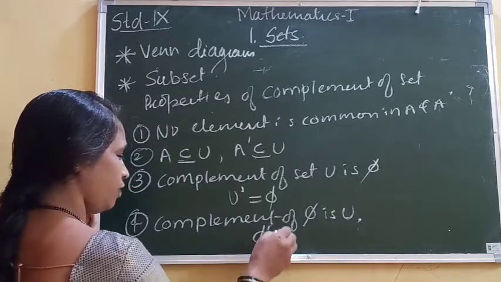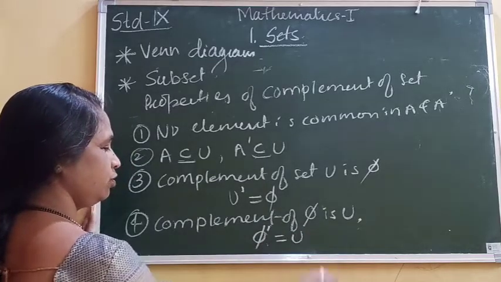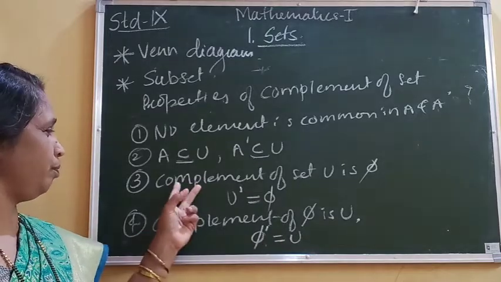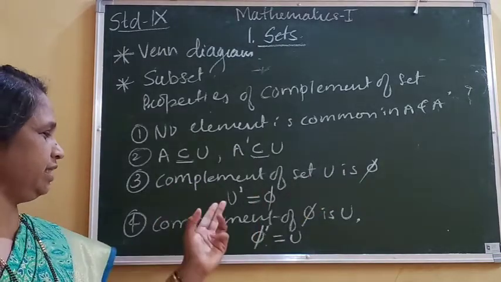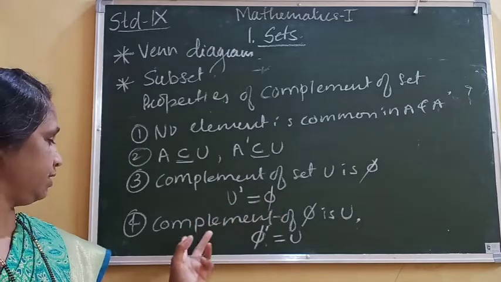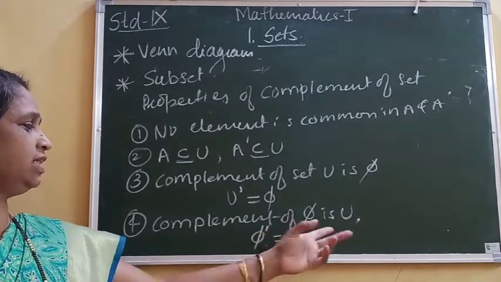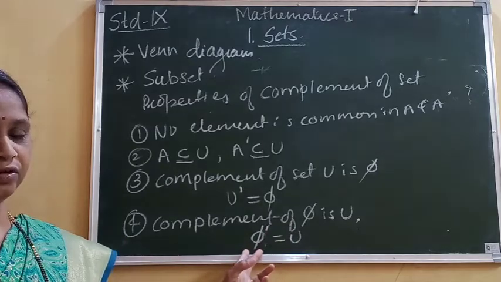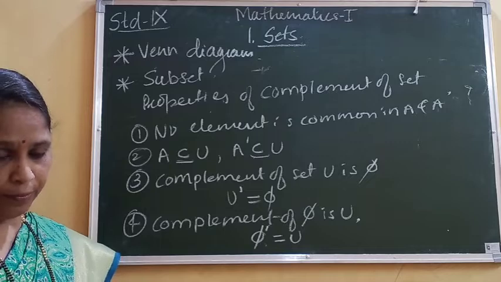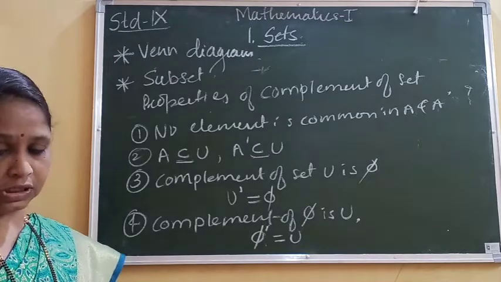The complement of phi, phi dash, is equal to U. It will be represented symbolically. So the complement of U means U dash is equal to the empty set, and the complement of the empty set is U, meaning phi dash is equal to U. These are the properties which we have to study.